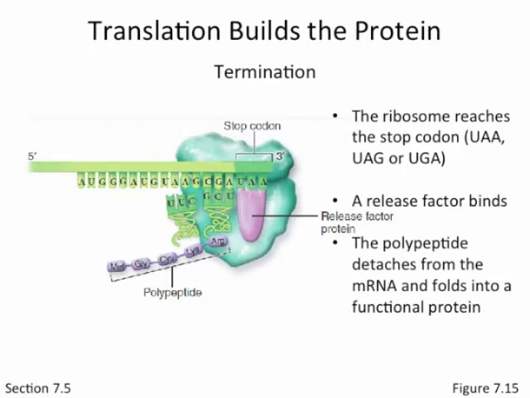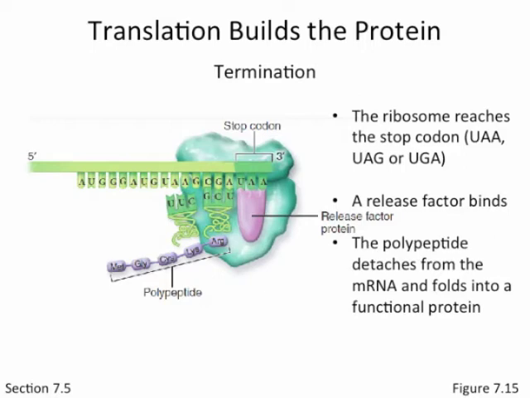Okay, so we've seen that initiation occurs when the start codon, AUG, is reached. The ribosome assembles around the mRNA. The tRNAs start entering the binding sites one by one, matching up to the codon and bringing in their appropriate amino acids.